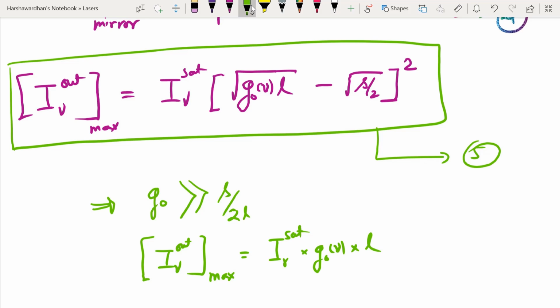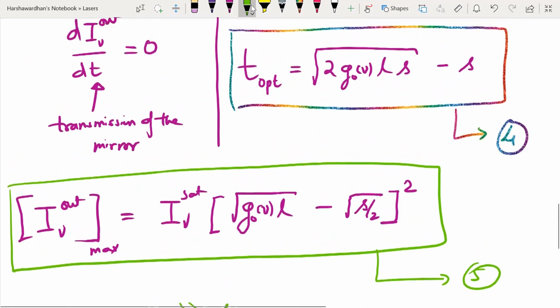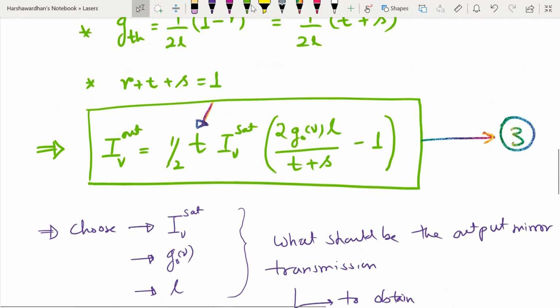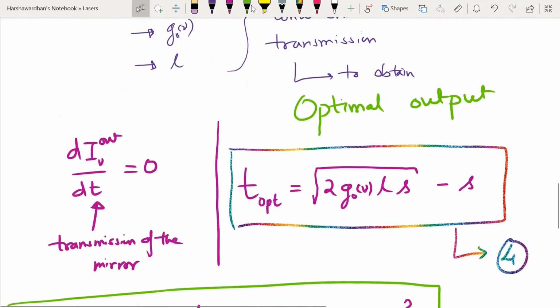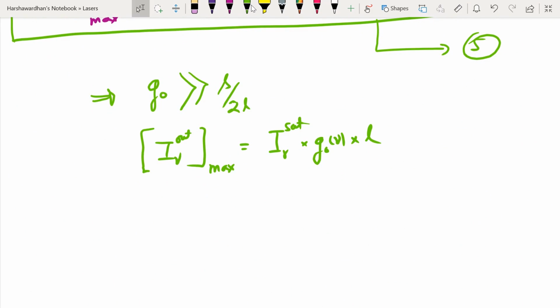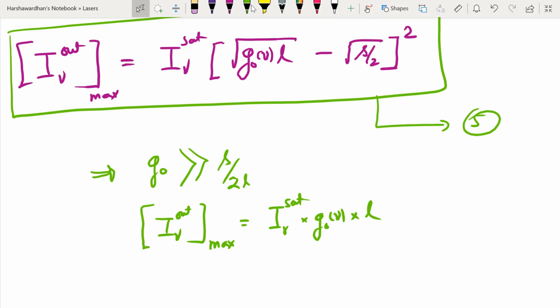So this is a very, very important result. I would like you to derive equation number 4 and equation number 5 from equation number 3 and convince yourself that this is indeed the case. One can think of G naught of nu as the parameter that allows you to extract the maximum out of the laser.